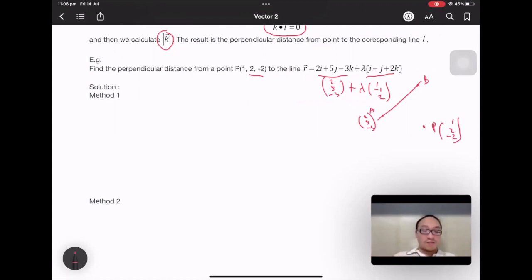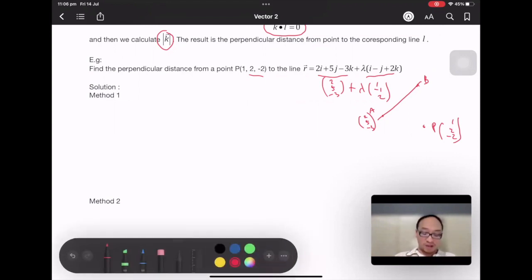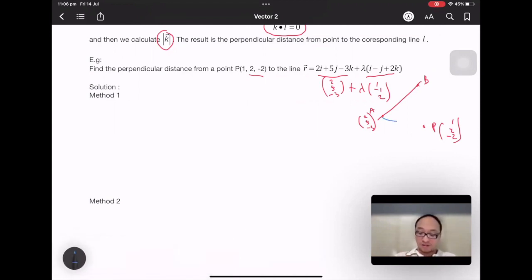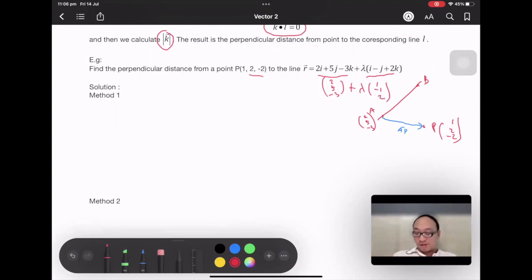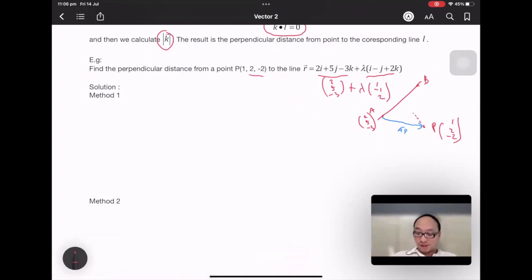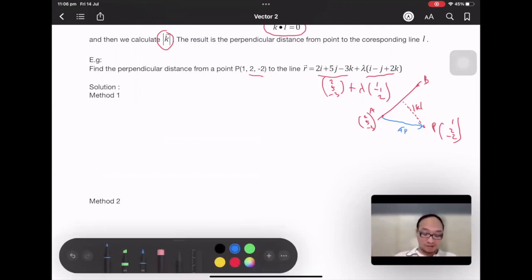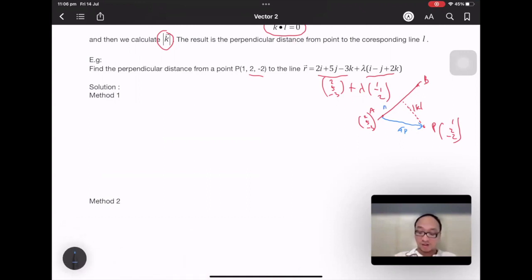Now, if we want to find the scalar product, we need the vector AP. And then we will find this. Okay. Yeah, the perpendicular distance. So that means, using the scalar product, we have to find the AP cos theta first.